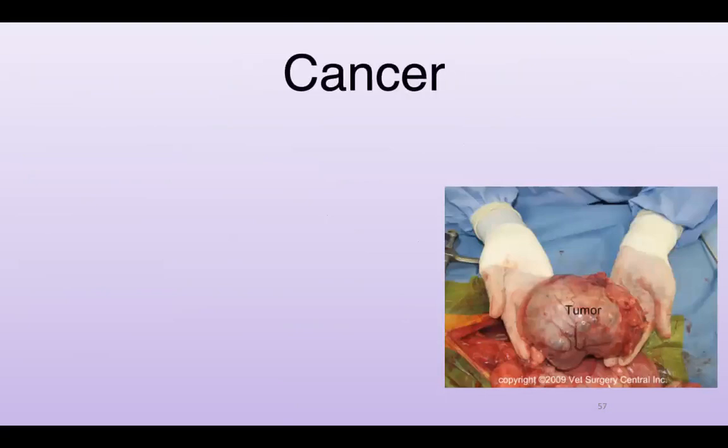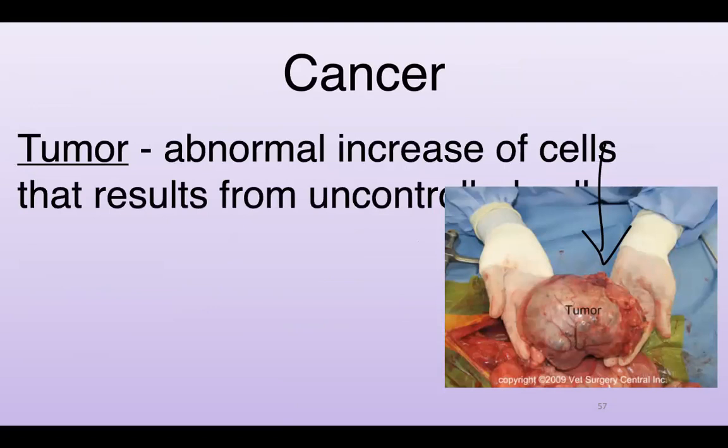That results in something called a tumor. Now, a tumor doesn't necessarily mean cancer, so I'll get to that distinction in a second. So a tumor is an abnormal increase of cells that results from uncontrolled cell division.